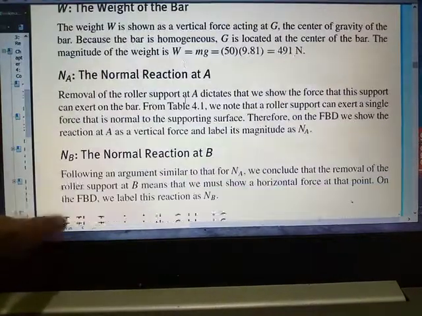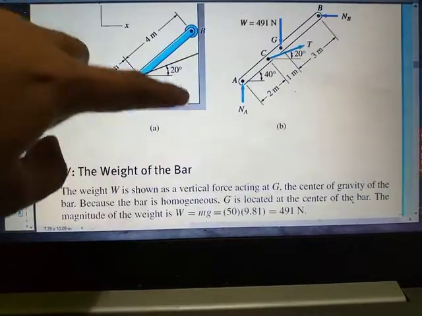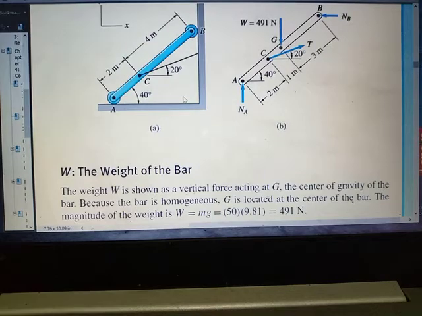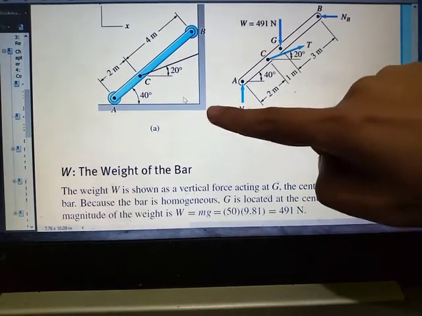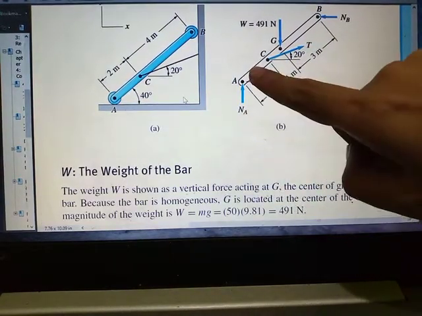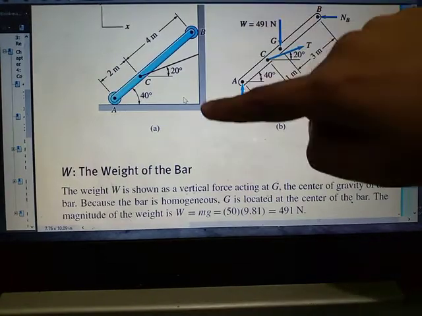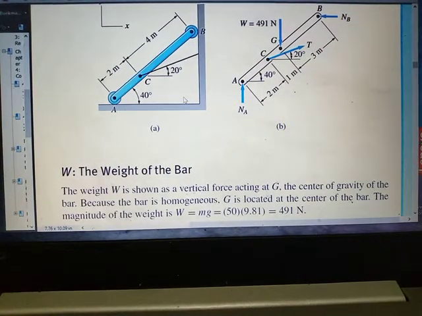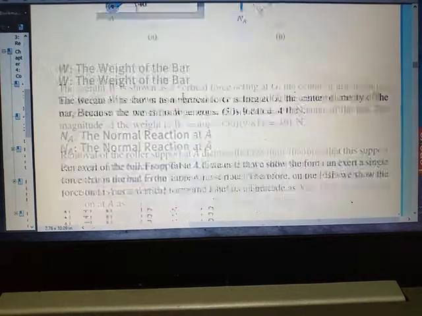Sa NB, ito yung surface, inuulit ko lang para mas maintindihan nyo. So, ito yung surface. So, yung force mo nandito. Kaya ganyan. Horizontal tong nasa A, kaya vertical yung force niya. Dito, vertical yung sa B, kaya horizontal yung force, reaction niya. So, kaya ganyan.